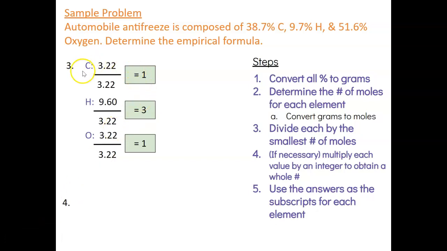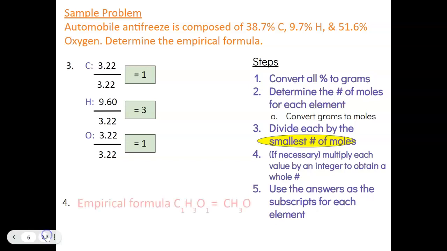So that means our formula will have 1 atom of carbon, 3 atoms of hydrogen, and 1 atom of oxygen. Basically, all this is just ratios. We're figuring out the ratios of the atoms in the compound. So that would be C1, H3, O1, and of course, because we don't write the ones when we just assume that they're ones, it would be CH3O.